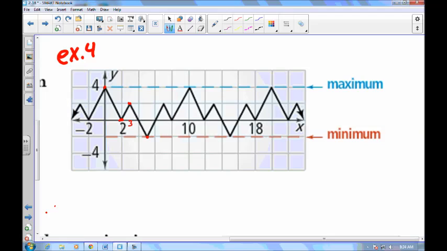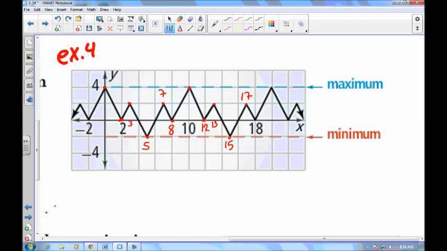This x value, since it's counting by 2s, is at 5. This one's at 8, 7, that'd be 13, 16, that'd be 15, 17.